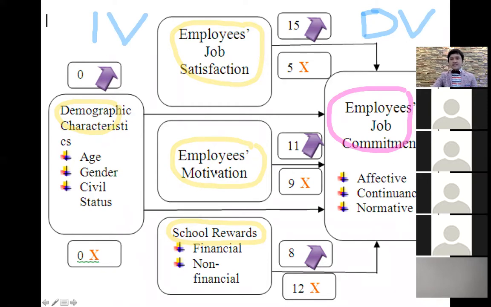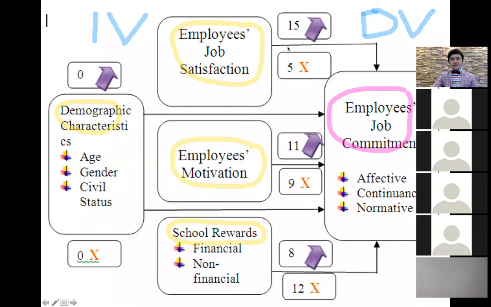So this is an example of an IV and DV. Take note that your IV is always found on the left side of your paper. Huwag niyo po siyang pagpapalitin, kasi pag pinagpalit niyo siya, mahihirapan po kayo doon.